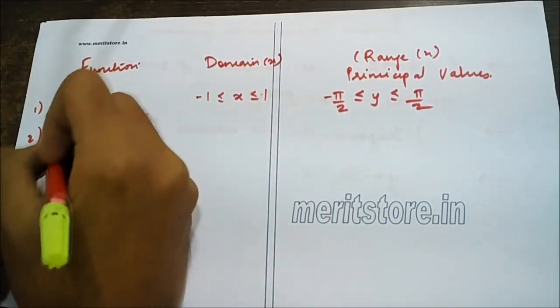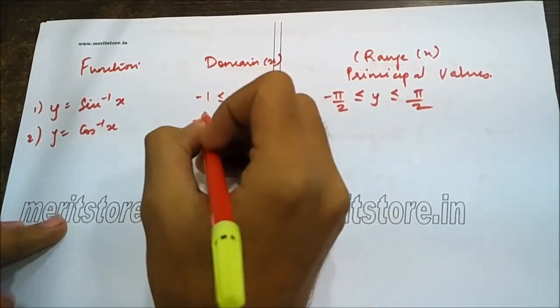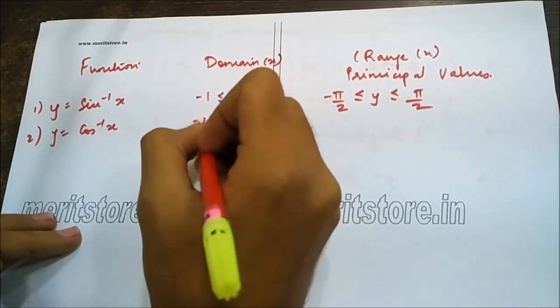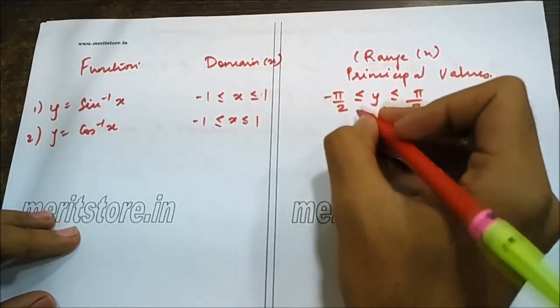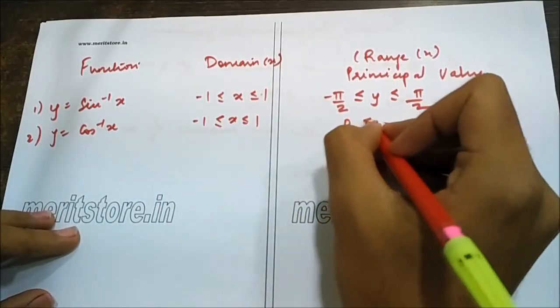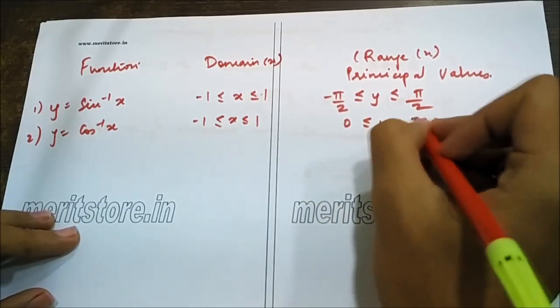The second function is y is equal to cos inverse x, that is the values of x lies in the range -1 to 1 and the range is from 0 to pi.